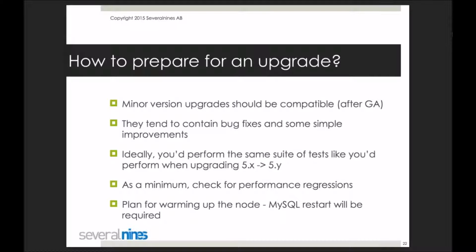But as a minimum, you have to check for performance regressions, because they still may happen, and you want to plan for warming up the node, because MySQL will be restarted, and as a result, this node will require some kind of warm-up process.